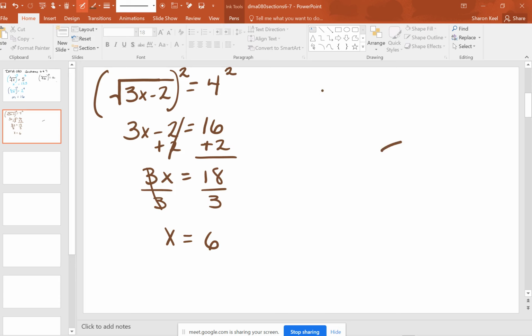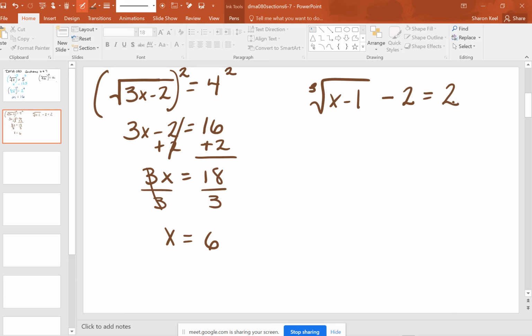Okay, let's try another. Let's say we have the cubed root of x minus 1, minus 2, equals 2.